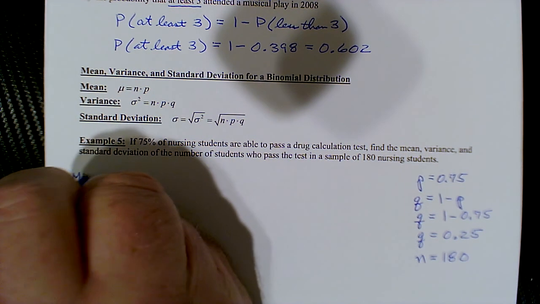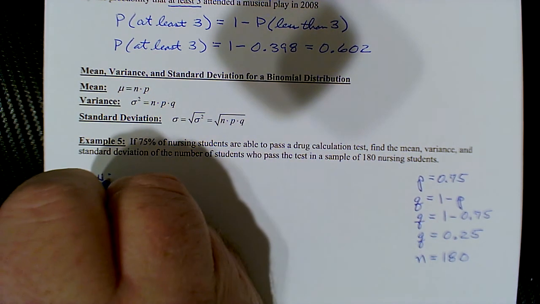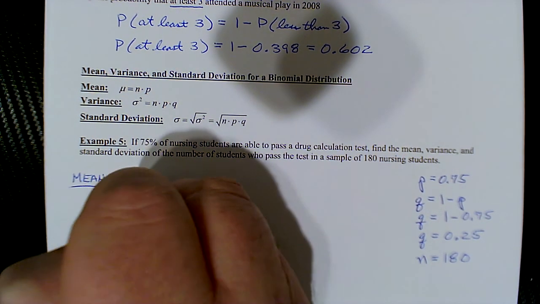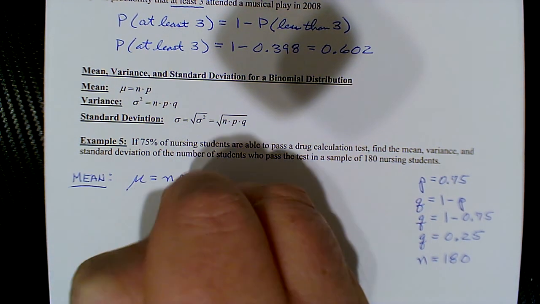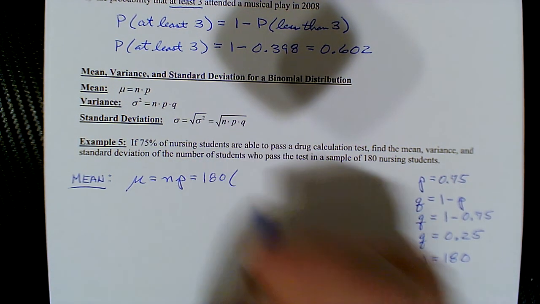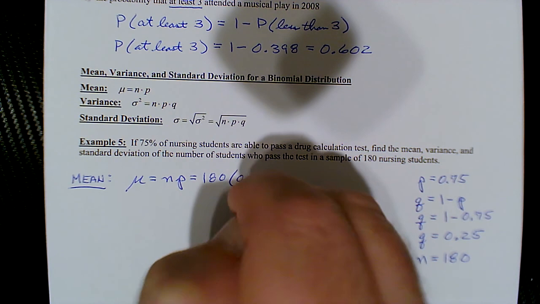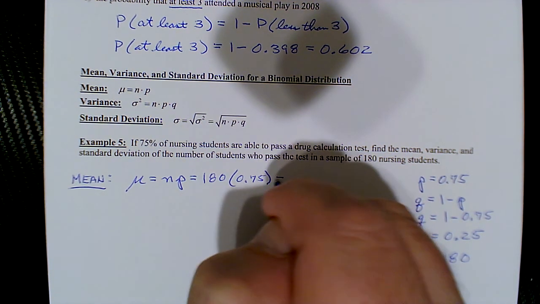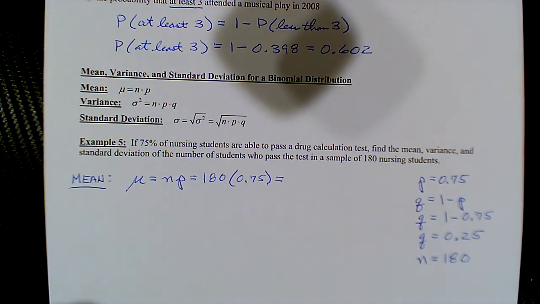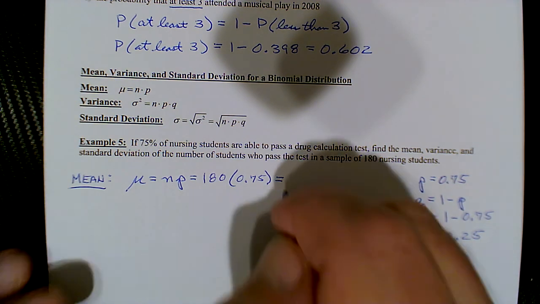So therefore the mean, okay, mu is just given to be n times p, so 180 times 0.75, so that gives us a mean of 135.